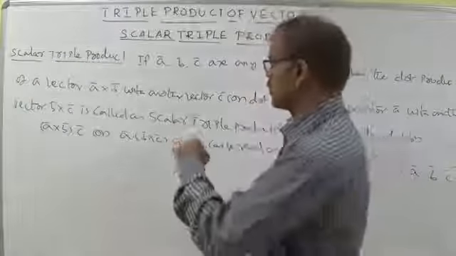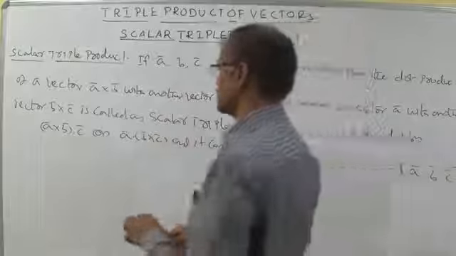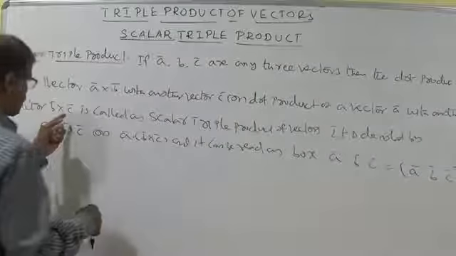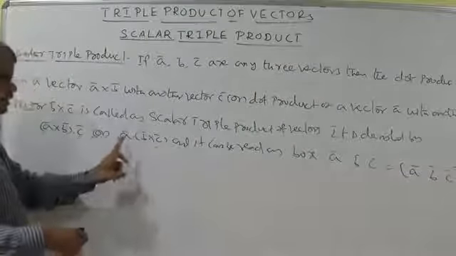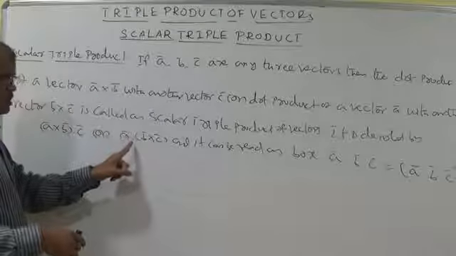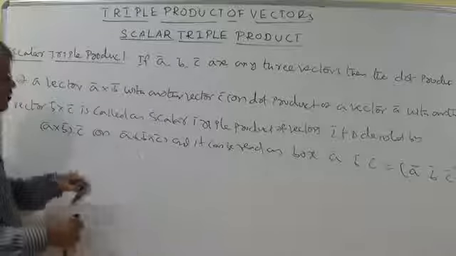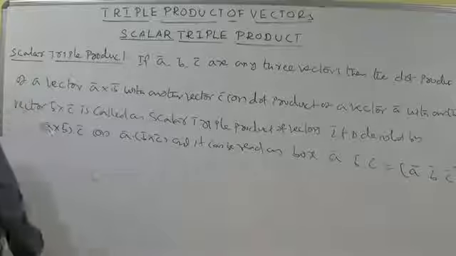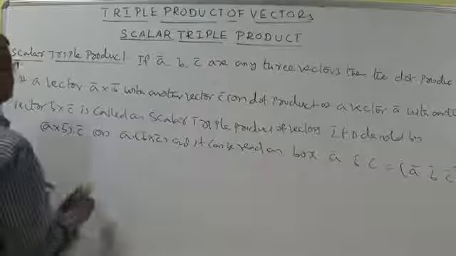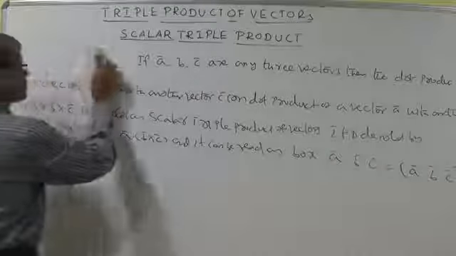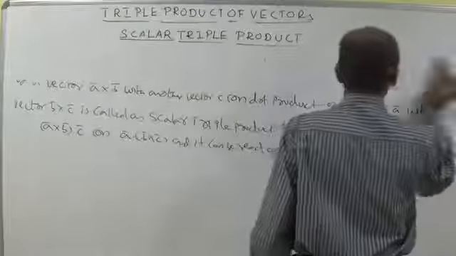So this is denoted as scalar triple product of vectors. Whenever dot exists between the two vectors, A bar dot B cross C is the scalar product of the vectors.